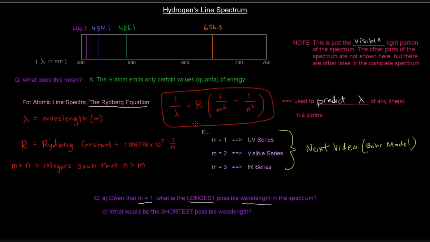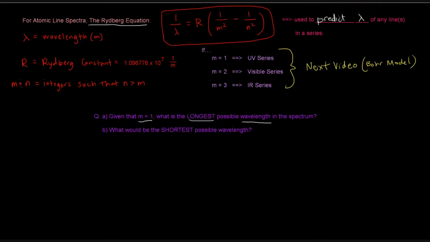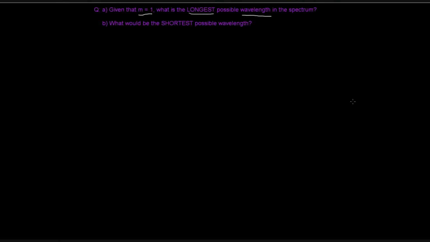So what I'm going to do is basically solve the Rydberg equation for wavelength and go from there. So if the Rydberg equation is this, I'm going to solve for wavelength by first writing the equation as it's given. So 1 over wavelength equals R times (1 over m squared minus 1 over n squared).